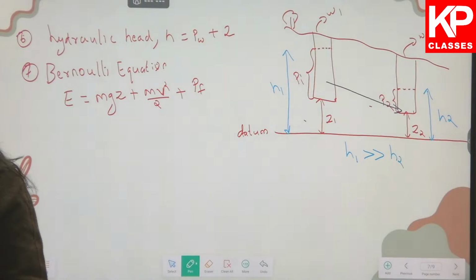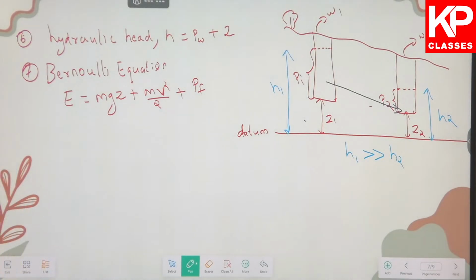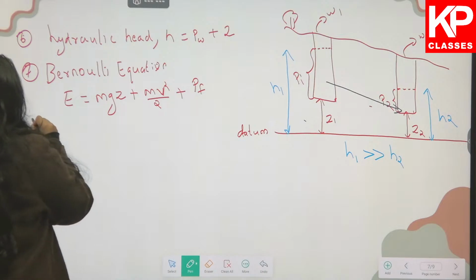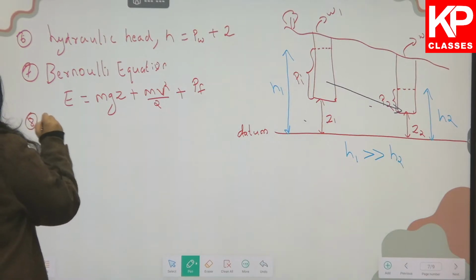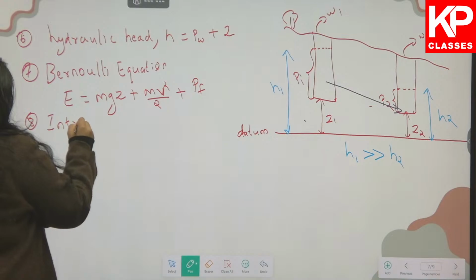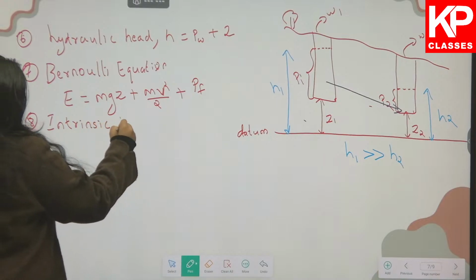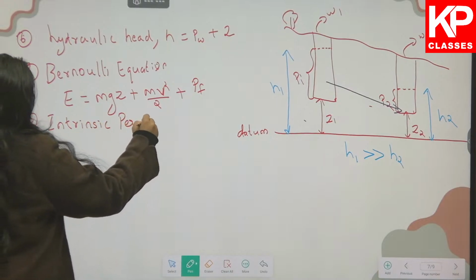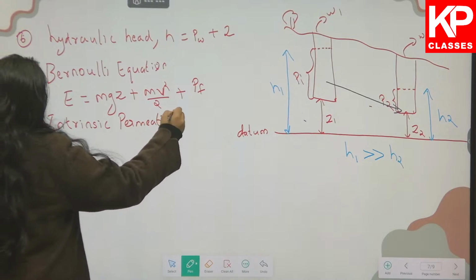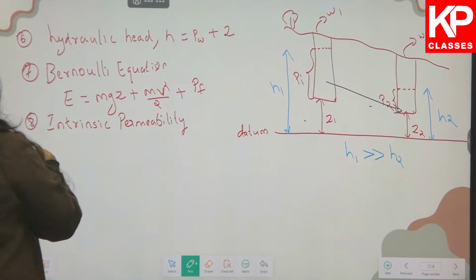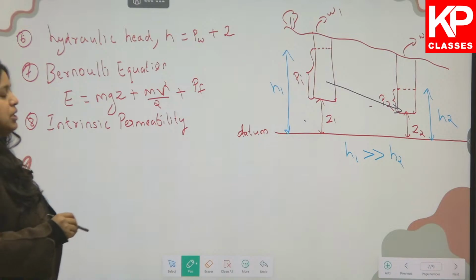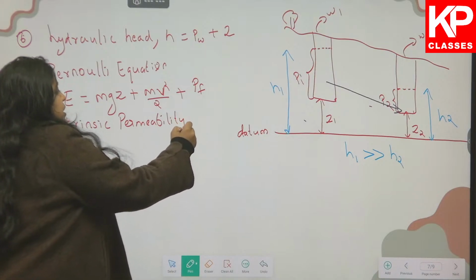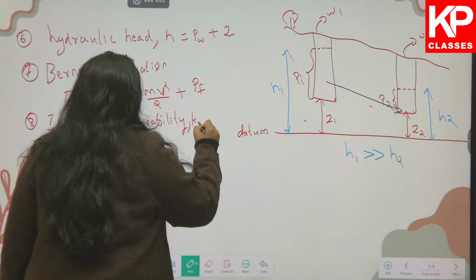Next are the terminologies associated with permeability, that is intrinsic permeability. Intrinsic permeability is notated by the small letter k.